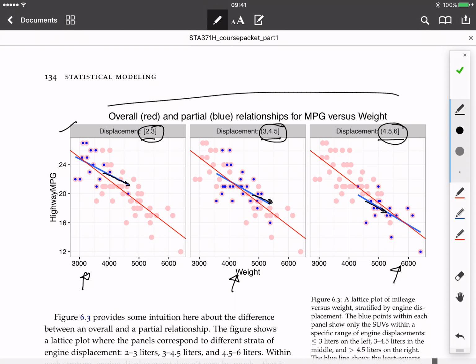When you actually go hold things constant, not by running a model, but by simply subsetting the data and assuming that the variables within each subset are relatively constant, you can see that the partial relationship, in particular the blue lines, are different than the overall relationship, the red lines. And it's these blue lines within each panel that are much, much closer to what a multiple regression model is actually estimating as a partial slope.